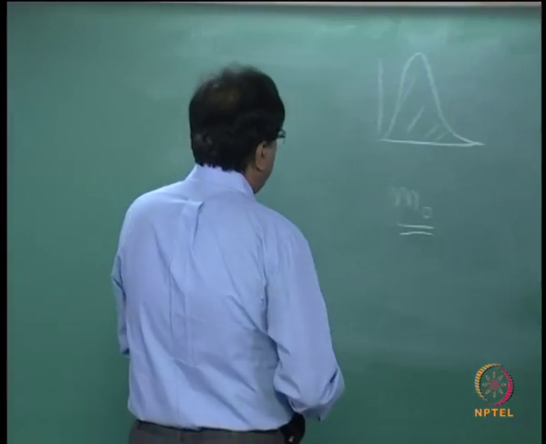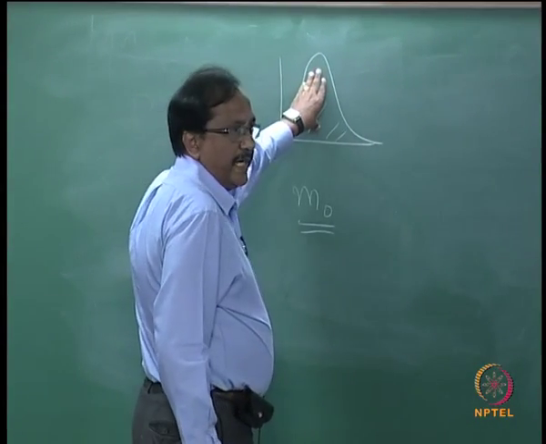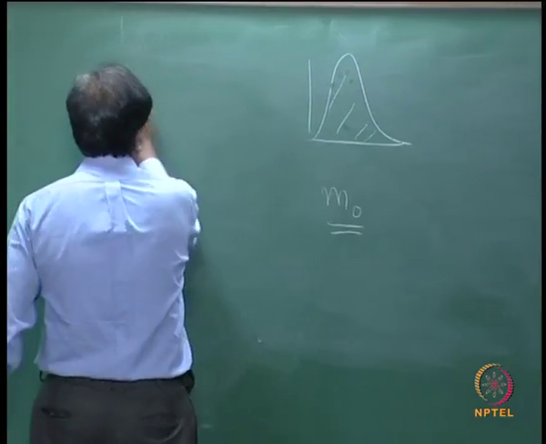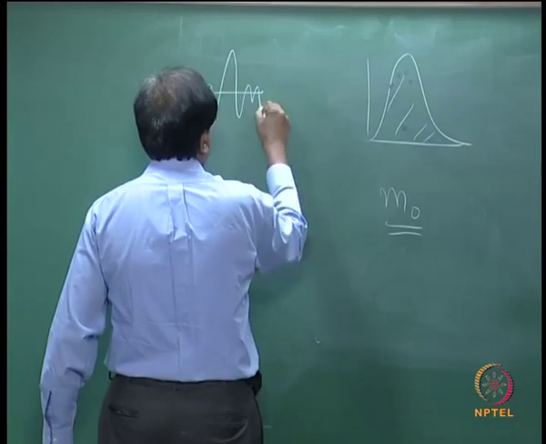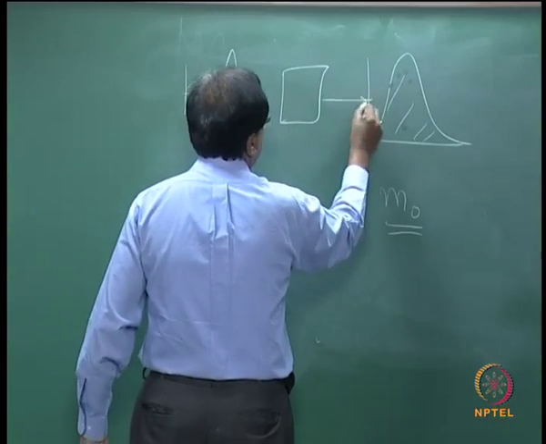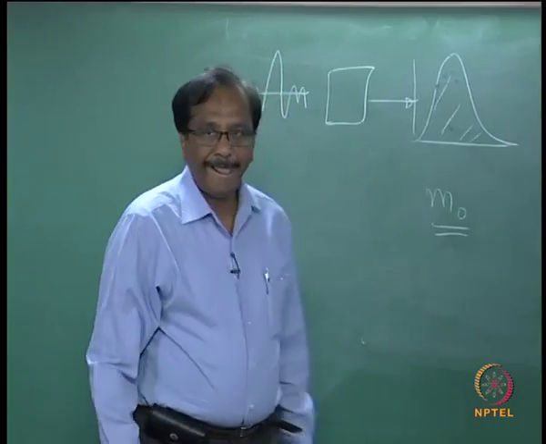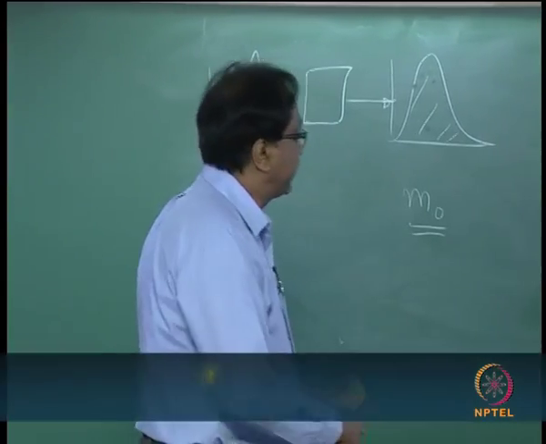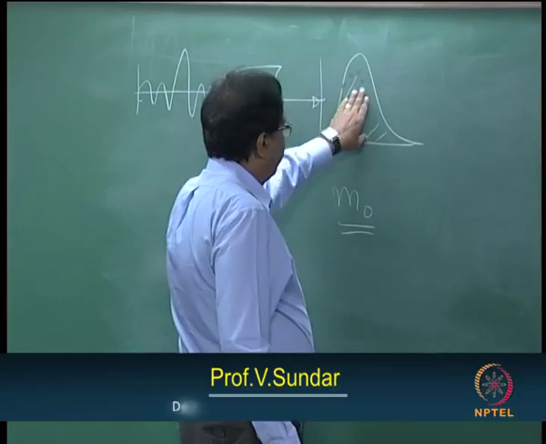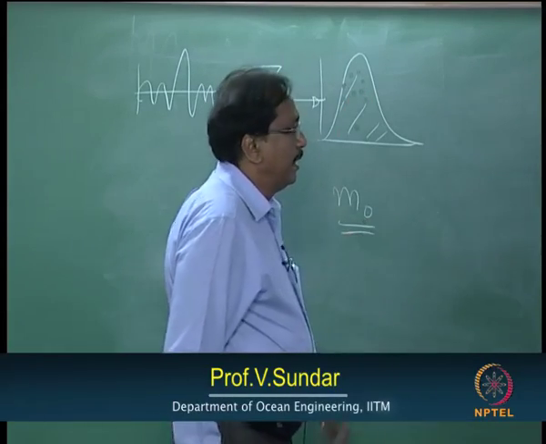After you have a signal, you use your summation method, you get this. After getting this, get the area under the spectral density curve, and that is going to be your m0.